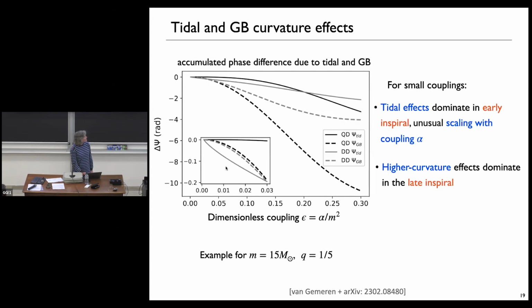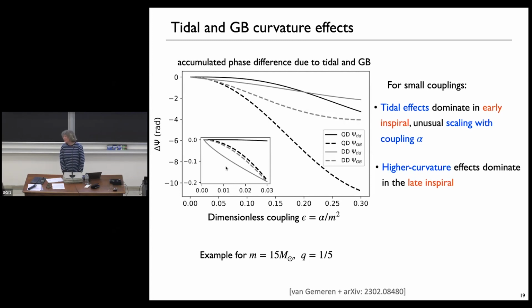You expect this because when the black holes are far away, the curvature is smaller. Yes, you could expect this, and you could also expect that curvature becomes important when they become closer.